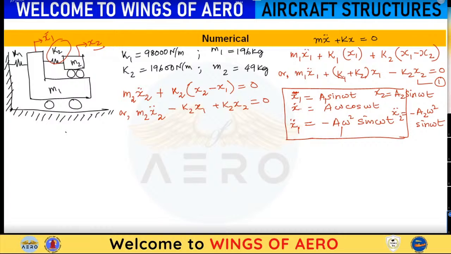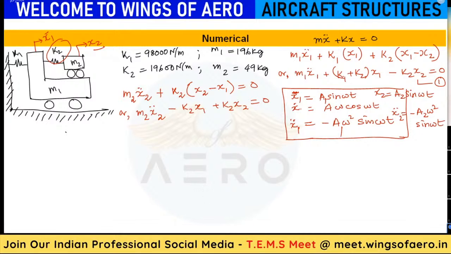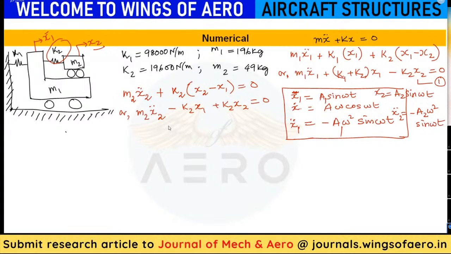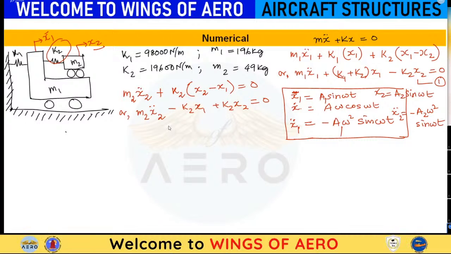So now what you need to do is substitute. What I said in the previous class, to save your time, you can simply ignore the sine omega t, because at the end it will get cancelled off.